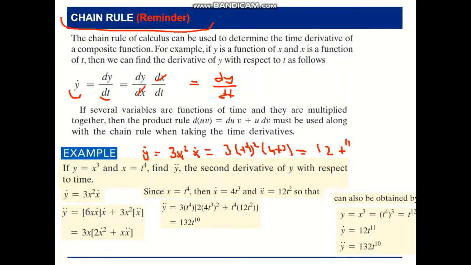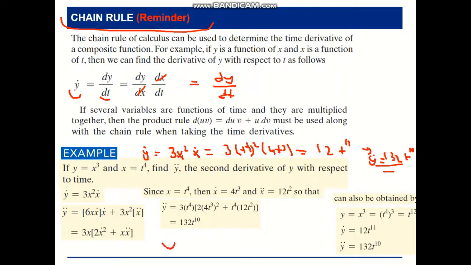Yeah, 12 multiplied by 11. If we take the second derivative, going from the first derivative, we will have the same thing, and we just need to multiply, and it's going to be 132 t to the power 10. So this double derivative is the easier way.